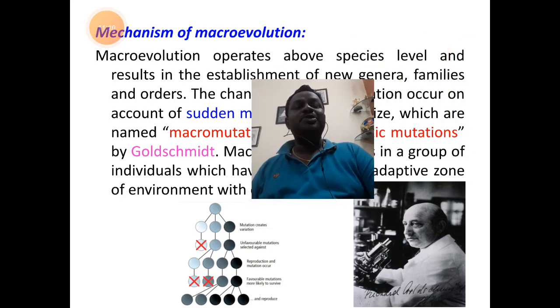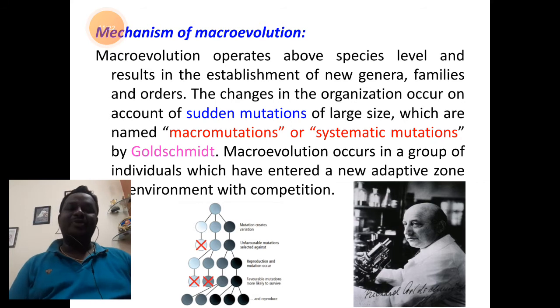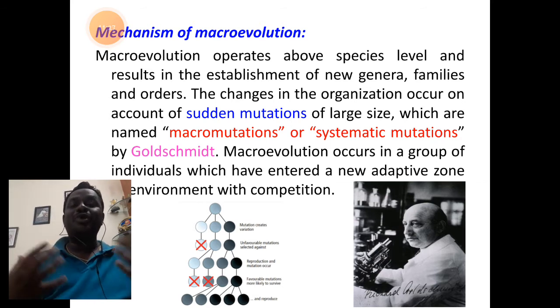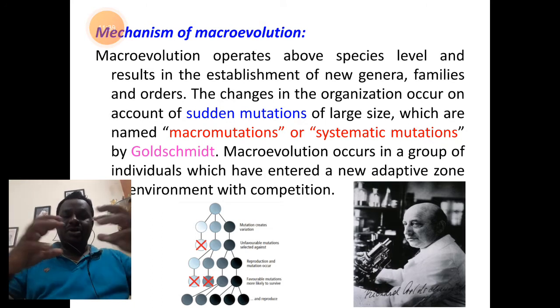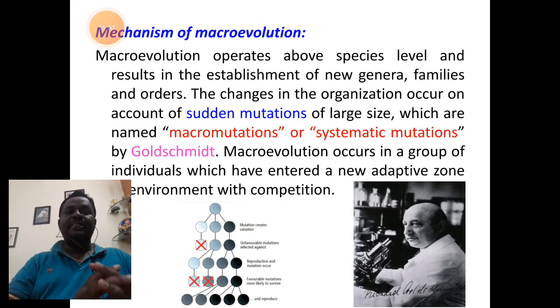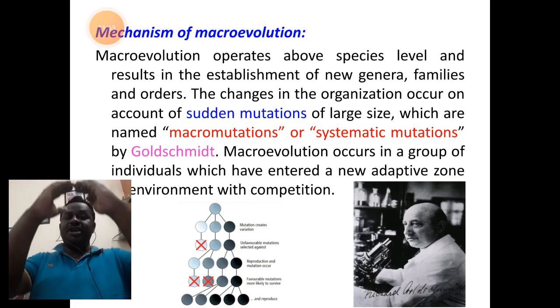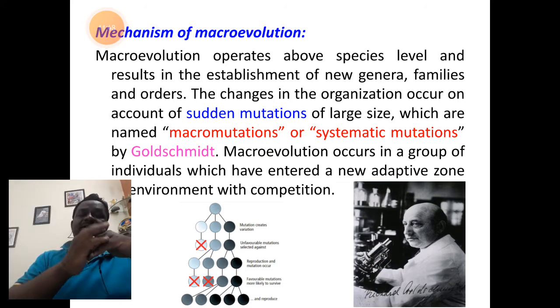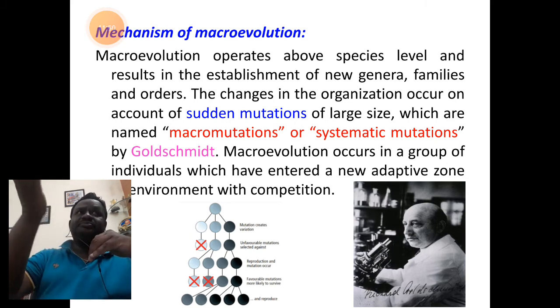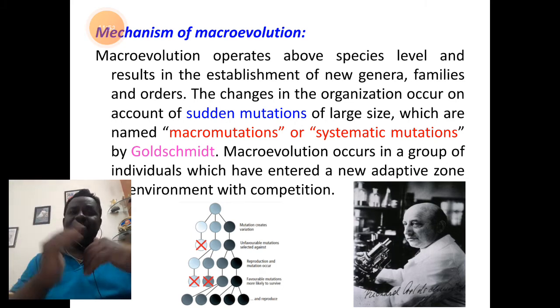Coming on to the mechanism of macroevolution, that is, how does the macroevolution process take place in nature. It starts with the level of species, an individual organism. Then it gets into different individuals, a group, species, then genera, then families, orders, classes, then phyla.